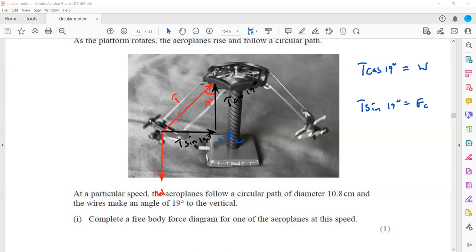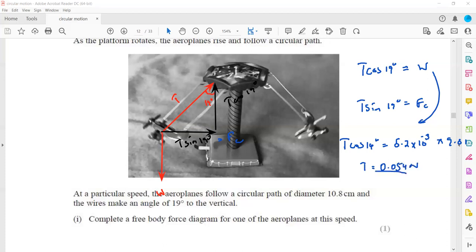First we'll get the tension from the first formula: T cos 19 equals mg. The mass is 5.2 into 10 to the power minus 3, because in the question it is in gram, so we convert into kilogram, and gravity is 9.81. Using this, we'll work out the tension, which is 0.054 Newton.